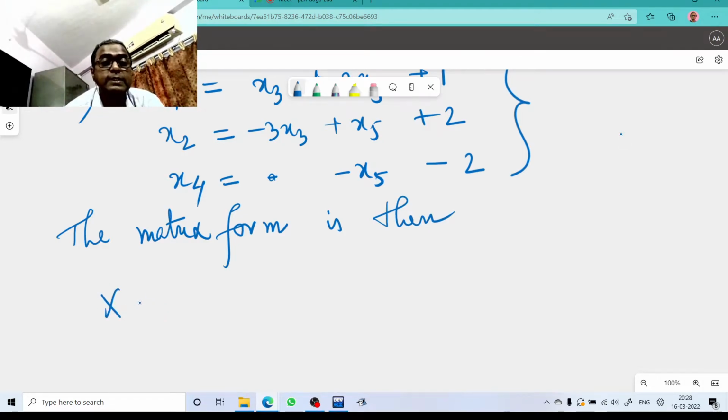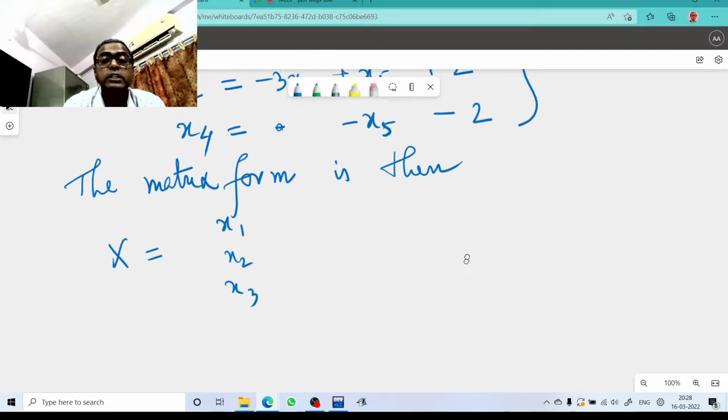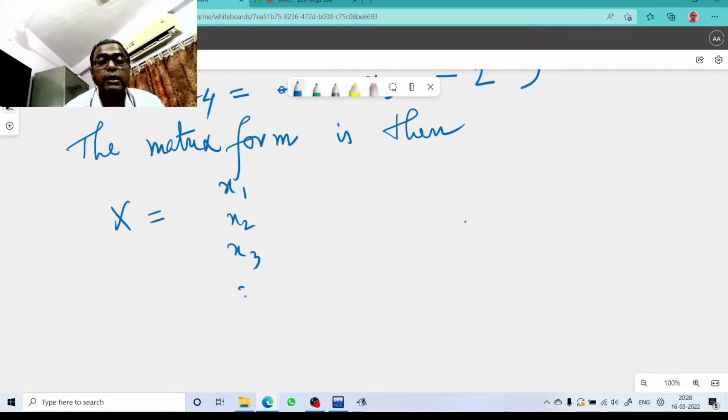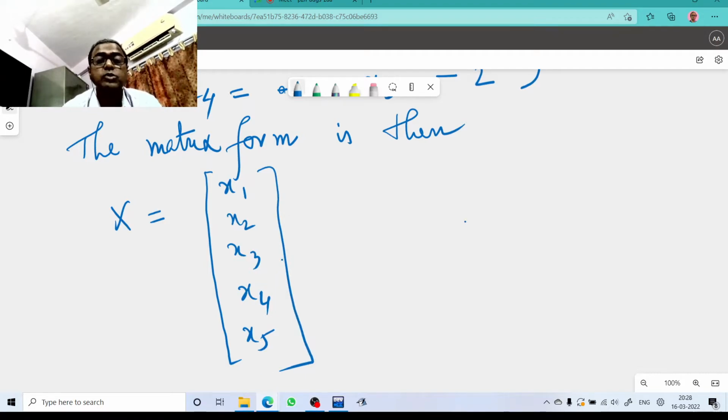Capital X is the column matrix of x1, x2, x3, x4 and x5. There are 5 variables. Actually, we want to solve for x1, x2, x3, x4, x5.